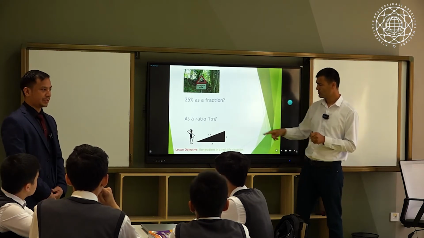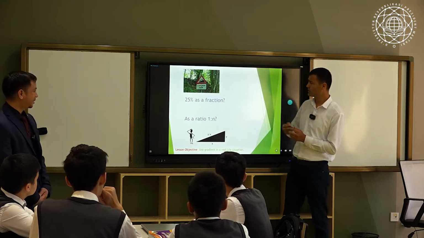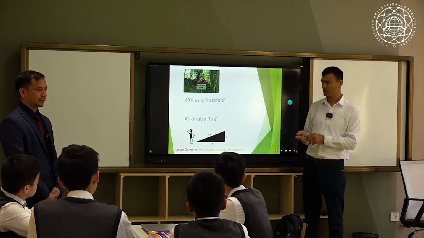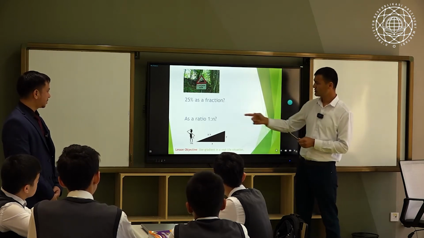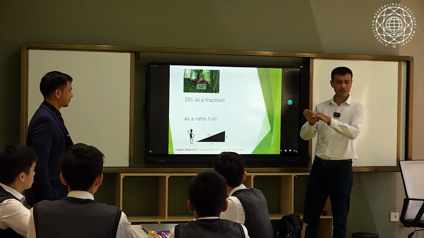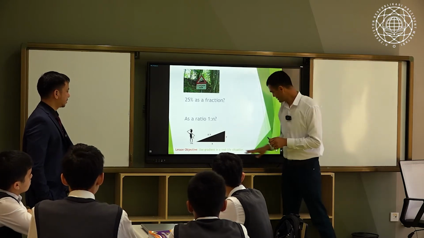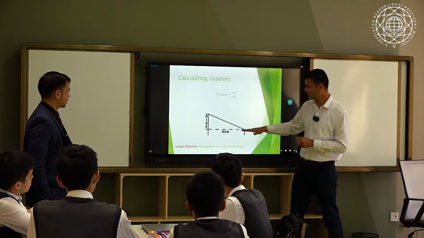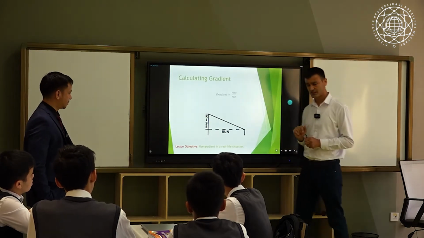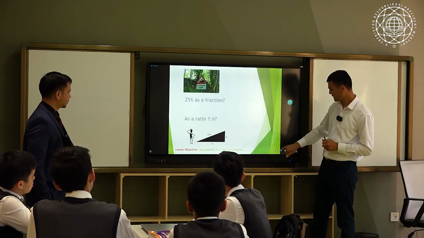Ratio should be 1 over 4, because 25% is 0.25, and as a fraction it is 1 over 4. If we go up a route going up 25%, we draw run 4 meters and rise 1 meter. Every 4 meters rise 1 meter. Okay, it is our gradient.